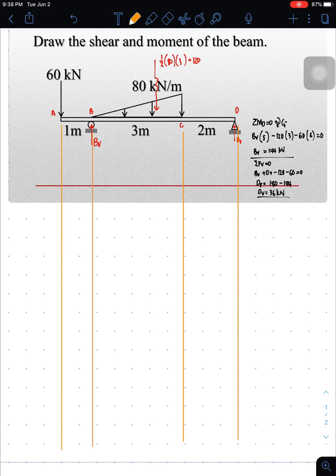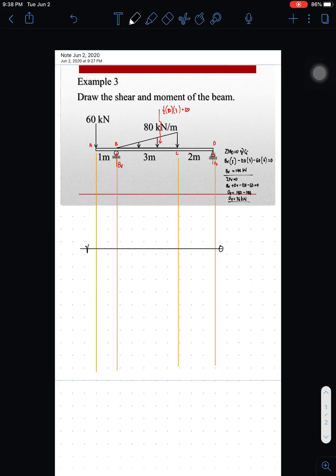Then I'll write the 0 shear line. I'll place the 0 shear line here. By the way, this is just a part of the layout of the slide. Okay, the 0 shear line is already established.